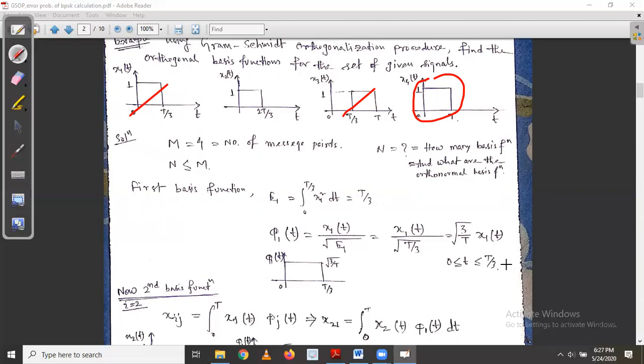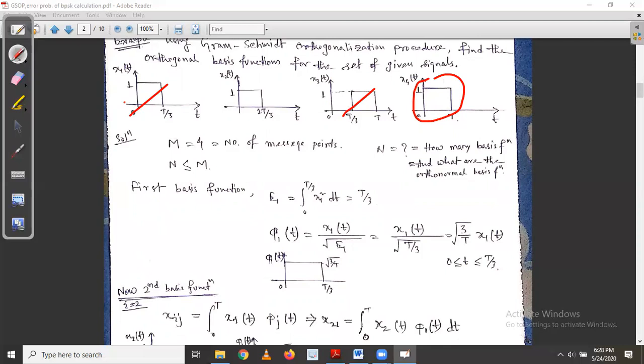X1 has its amplitude in the range of 0 to T/3. X3 has its amplitude in the range of T/3 to T. If you add these two, that means 0 to T/3 and T/3 to T, we will have one amplitude.